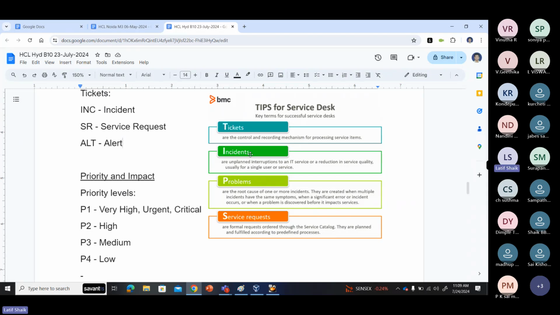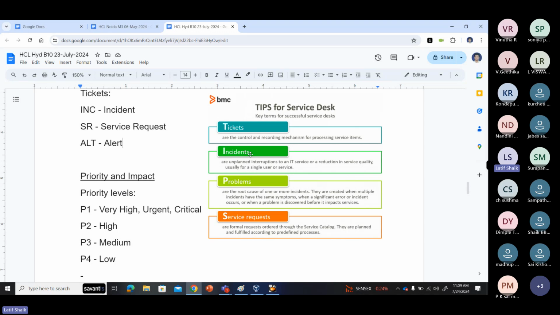So I said two ways of problem management. One is that an incident occurs and we resolve it. If that incident occurs repetitively or multiple incidents occur, we make that one a problem and find the root cause of that issue.